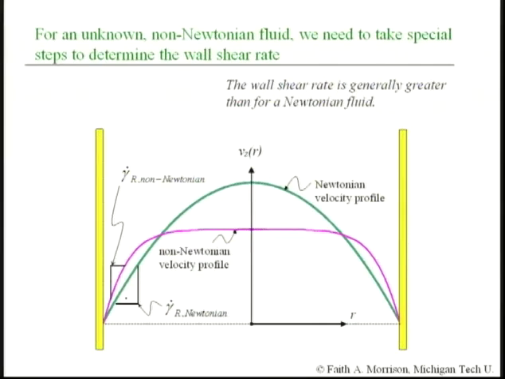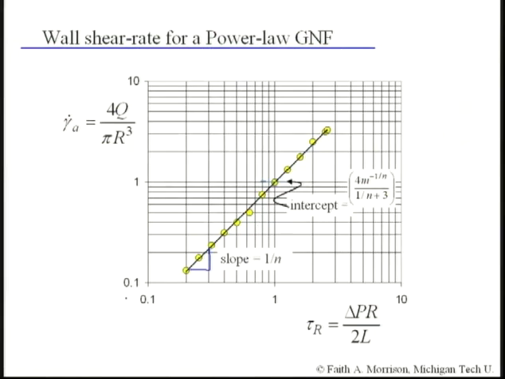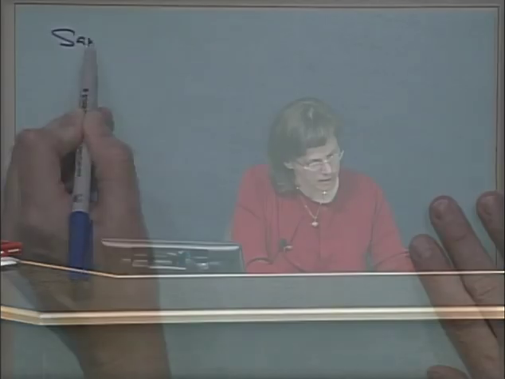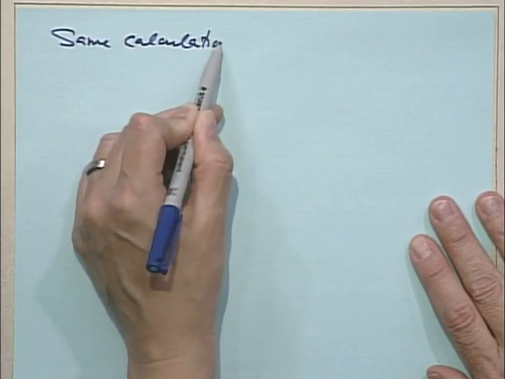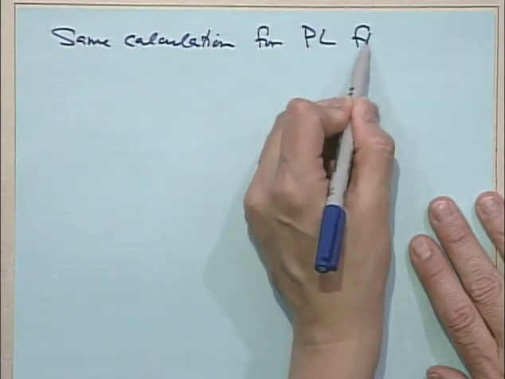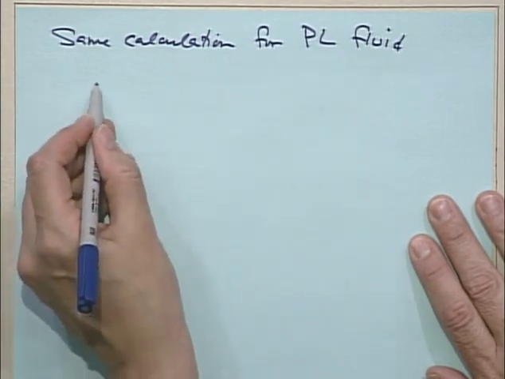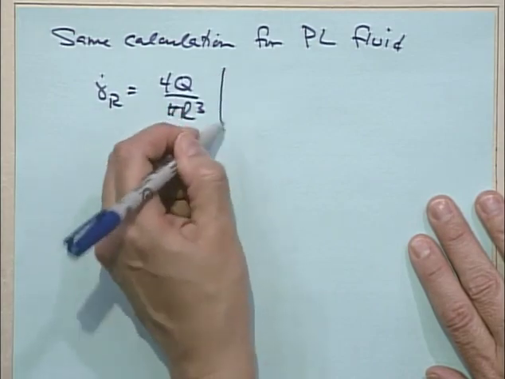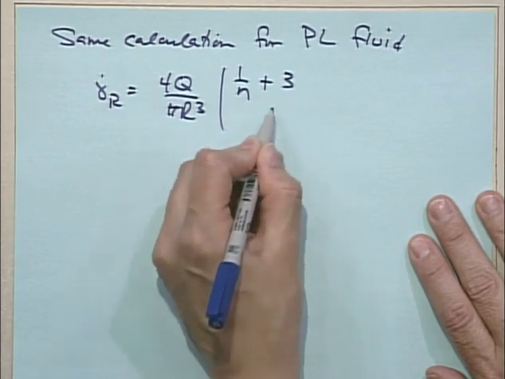If we do the same calculation for a power law fluid, we get that gamma dot_R is equal to 4Q over pi R cubed, the Newtonian result, times 1 over the power law index plus 3 over 4.